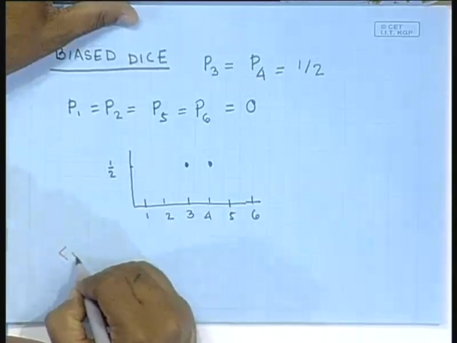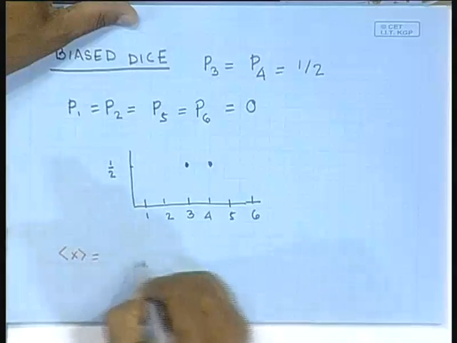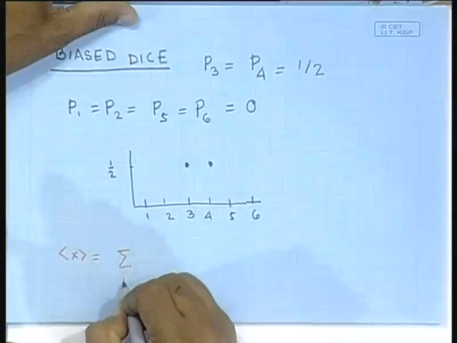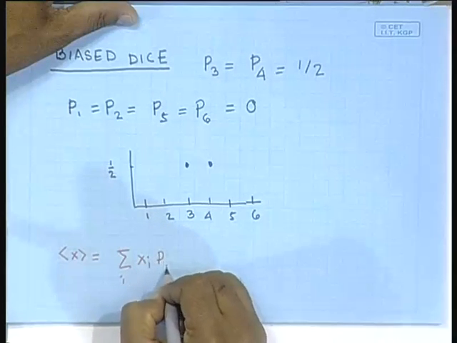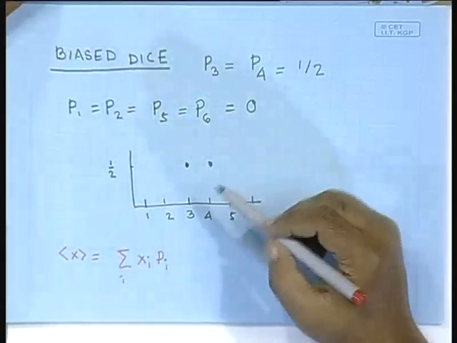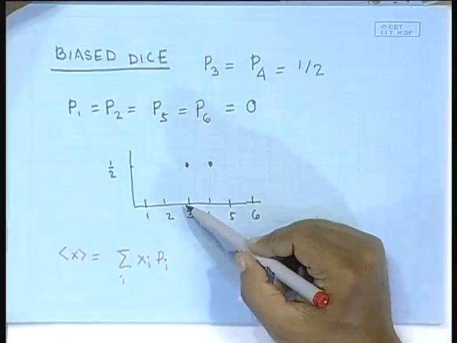Now, let us calculate the expected value if I throw the dice once. Again we can calculate the mean, and the way to calculate the mean I have told you is to take the sum of xi into pi. Here there are only two possible outcomes, 3 and 4.